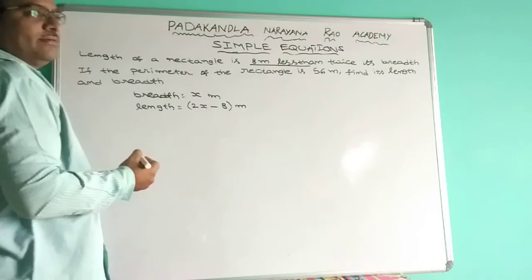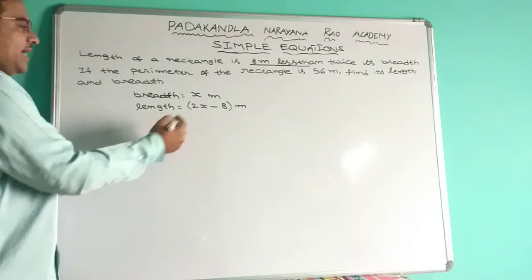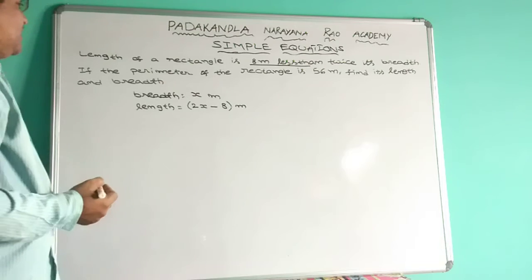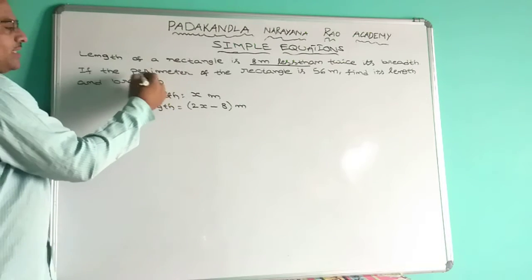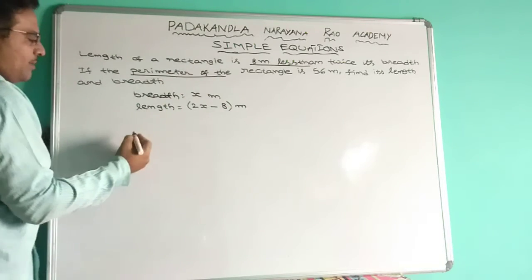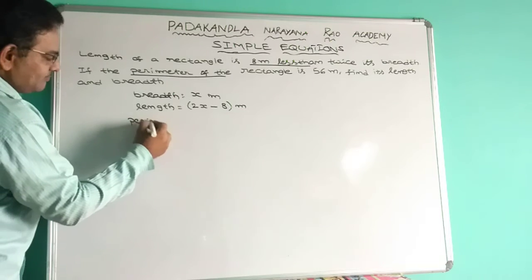If you take 2x minus 8 meters as the length, then the perimeter of the rectangle.